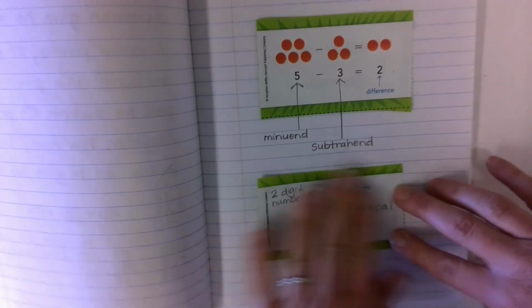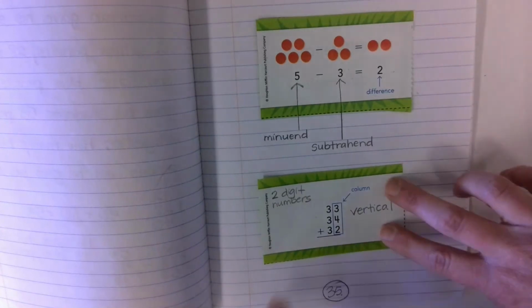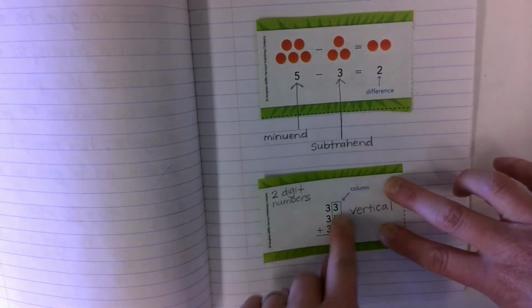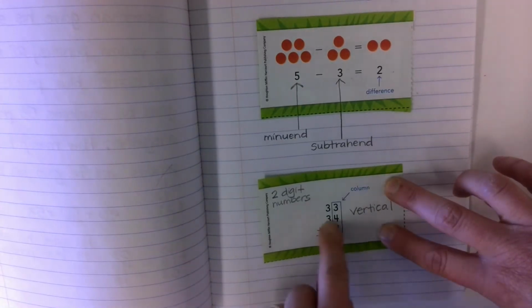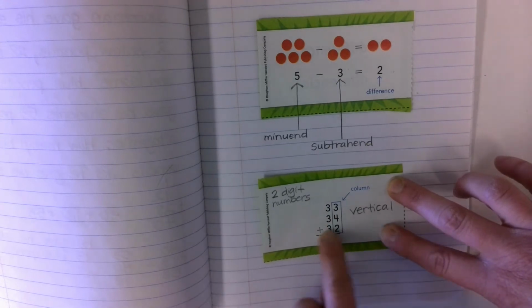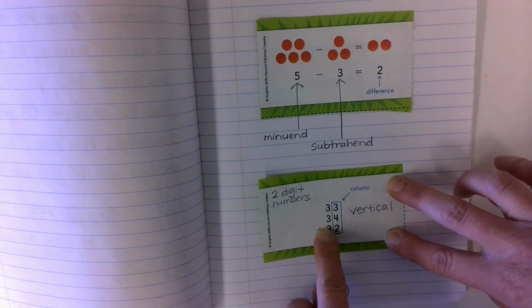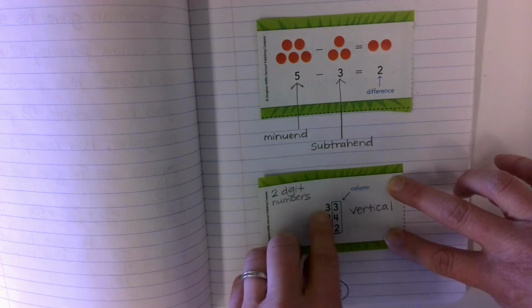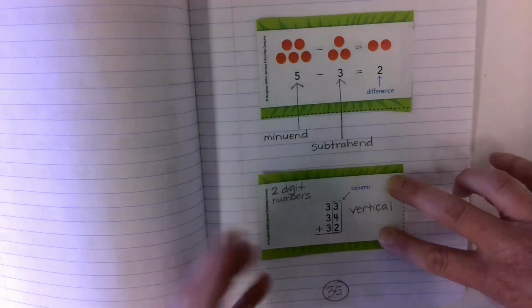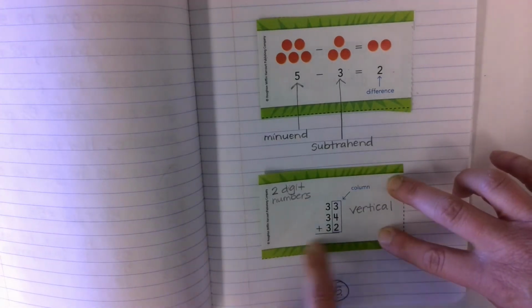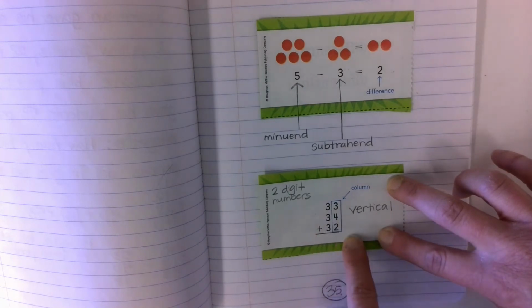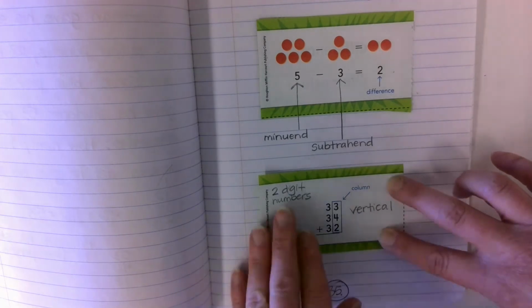The only way it would work in subtraction is if you added 2 of these up so that you ended up having two numbers here. So you would add 33 and 34 and you'd get 67, and then you did 67 and 32, and then you did your fact family.